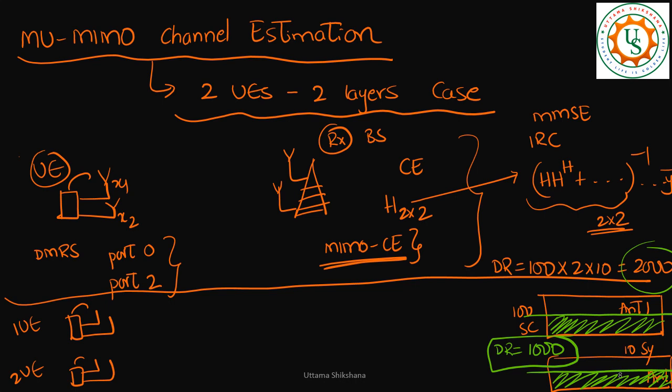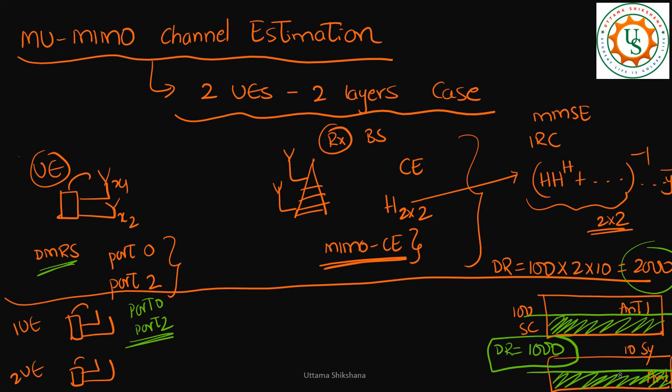Okay, so then what about the DMRS allocations? Here both the UVs can be allocated with port 0 and port 2 because we are going to allocate them on orthogonal subcarriers.